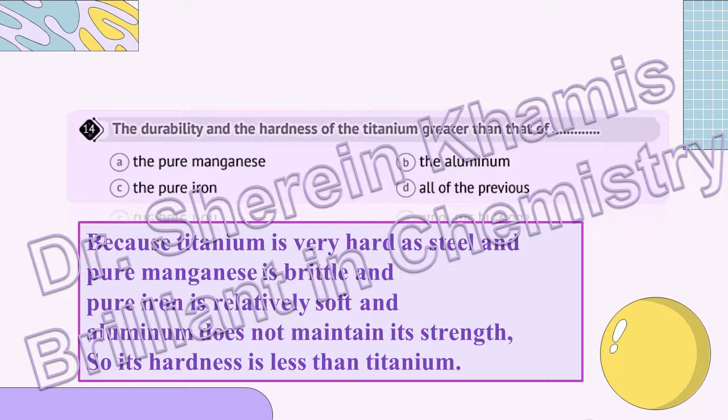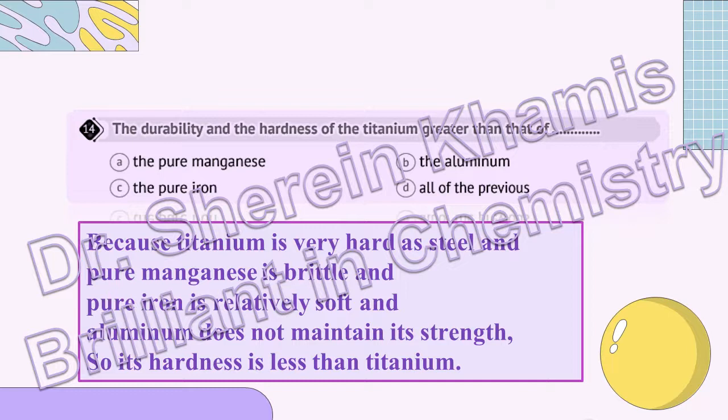Pure manganese is brittle, so titanium is higher than pure manganese in hardness. Pure iron is relatively soft, so it is also less hard than titanium.